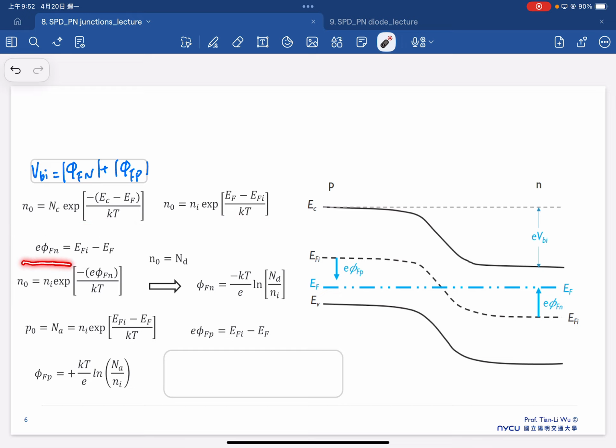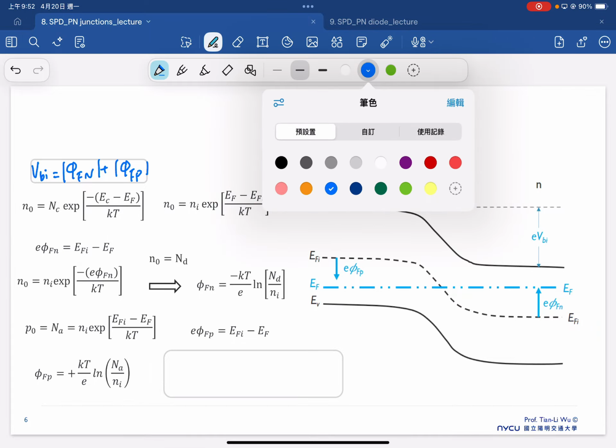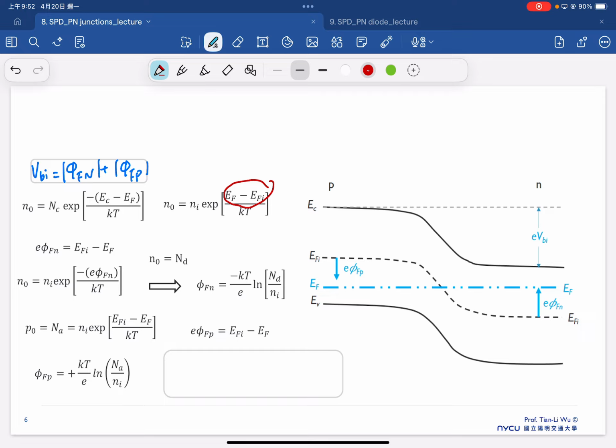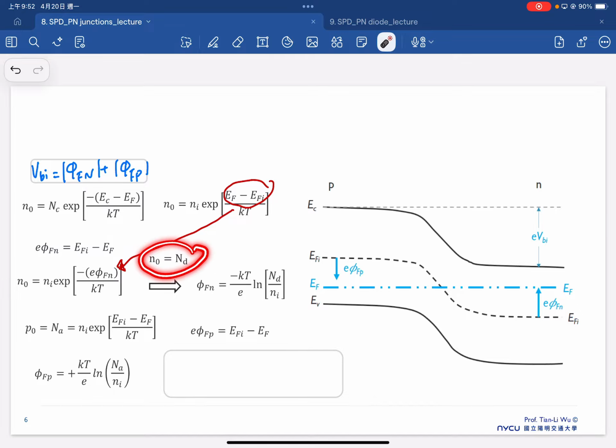And where we have this equation that we already mentioned, we just replace this one as phi Fn here. And in here, we consider our thermal equilibrium electron concentration is equal to our donor concentration, which we consider as 100% ionization. So the N0 is equal to ND.